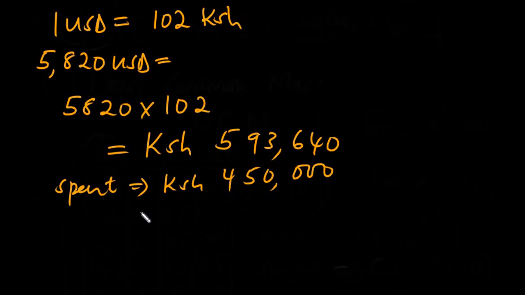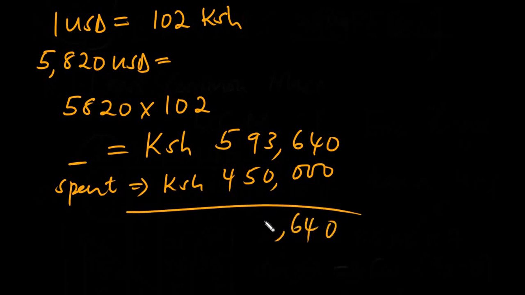We're going to subtract 450,000 from 593,640. So it's going to be 143,640 shillings. This is the money that the tourist was left with in Kenyan shillings.